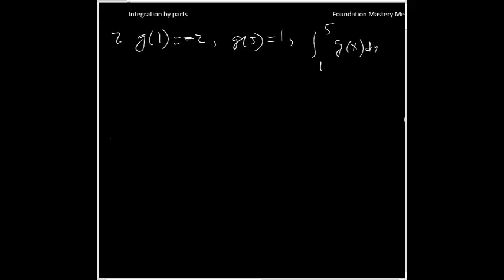G1, it is given like this. G1 is -2, and then you have G5 is 1. The integral from 1 through 5 of g(x) dx equals -5.